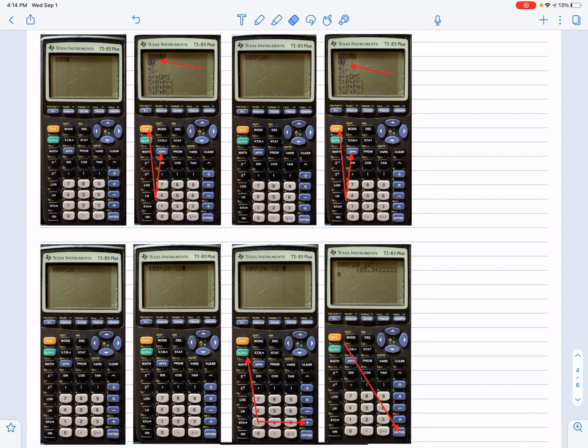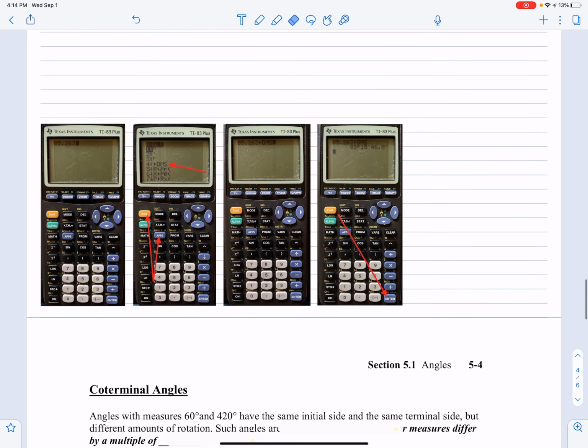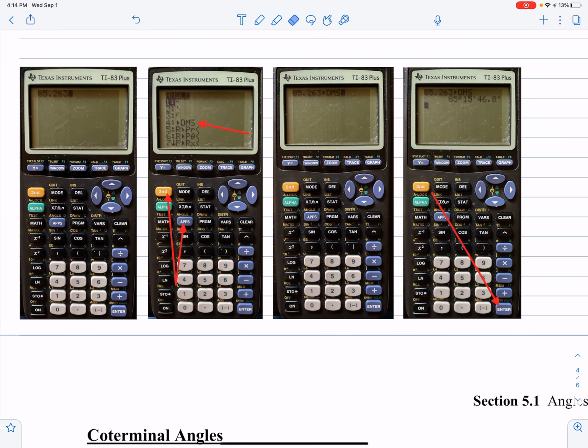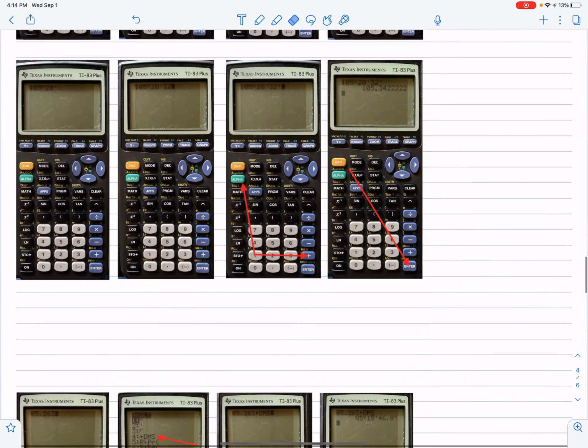So go ahead and pause the video and work through each of these. All right, so now that you're back, here is the keystrokes for the second example for part B. So pause the video and work through this one as well. All right, if you have any questions on that, please just let me know.